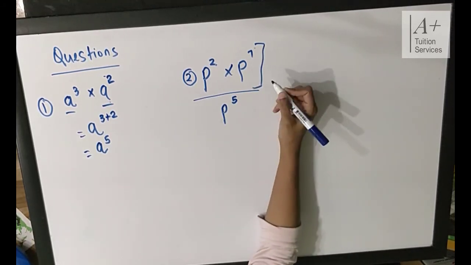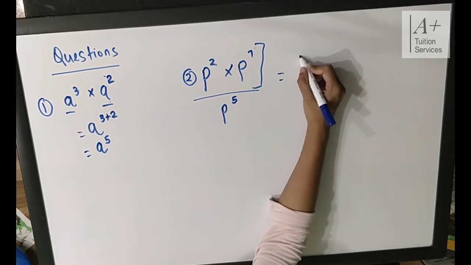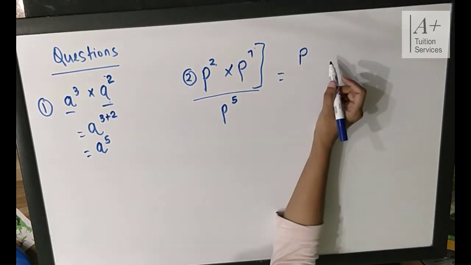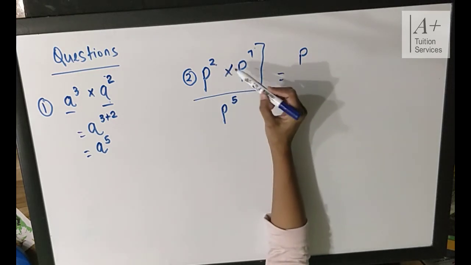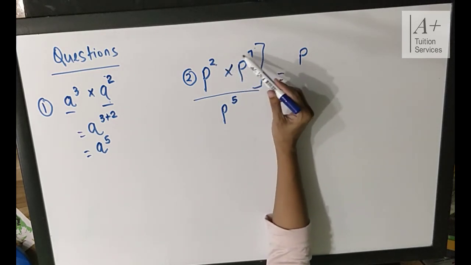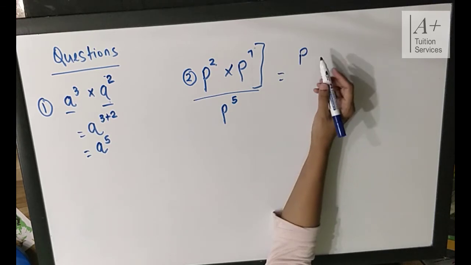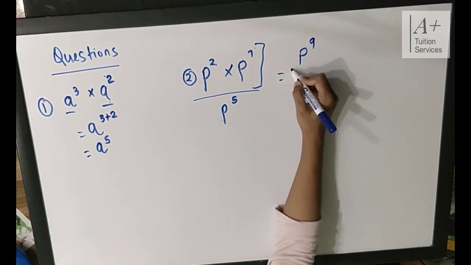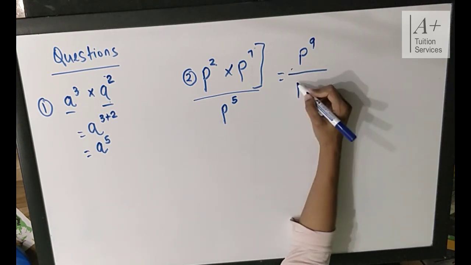So P to the power of 2 multiplied by P to the power of 7: the bases are the same and multiplied, so we add the powers, 7 plus 2 is 9, all over P to the 5th power.